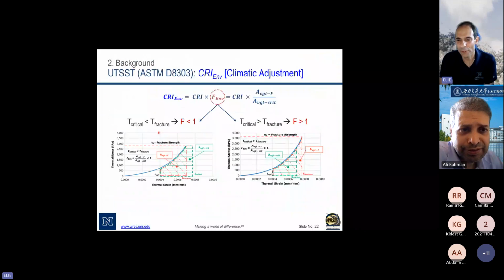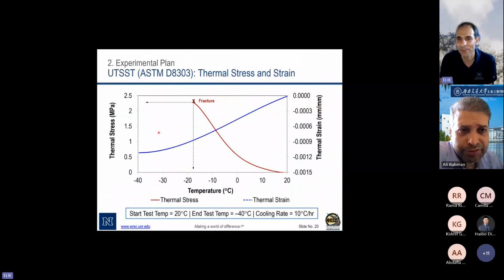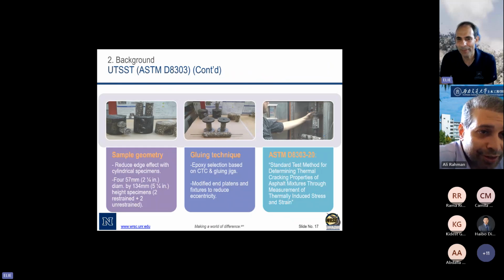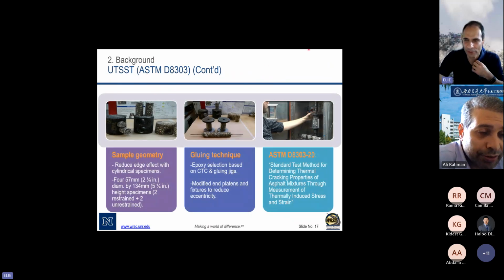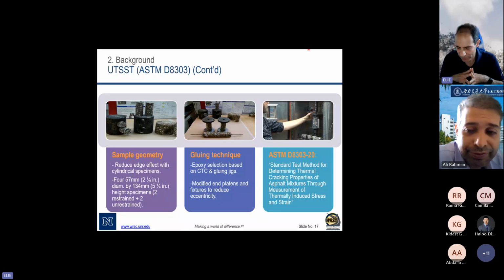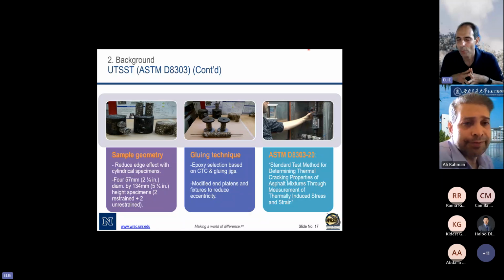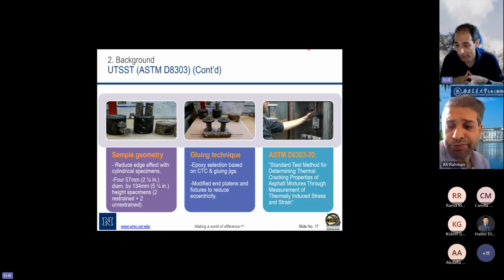All right, so first on balanced mix design, the focus right now is to balance multiple modes of distress. One of them is typically rutting or permanent deformation, and the other one is cracking. But cracking depends on the location.